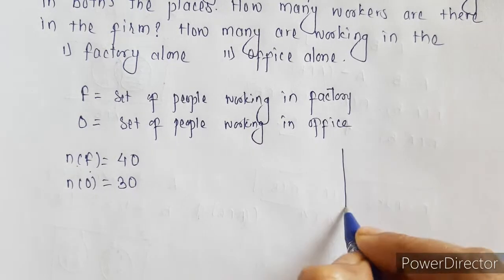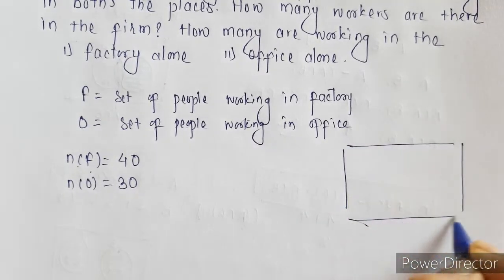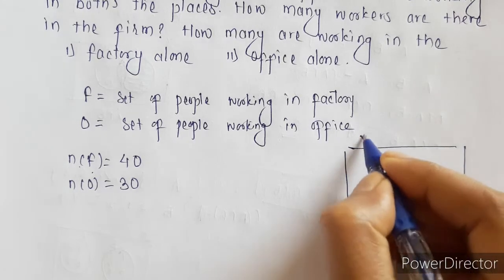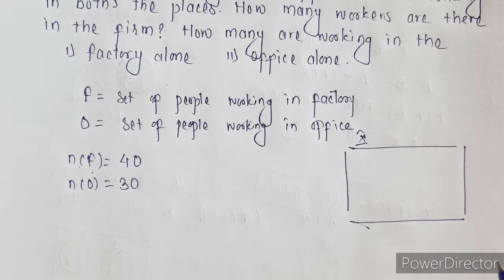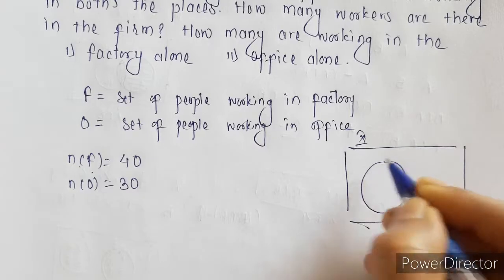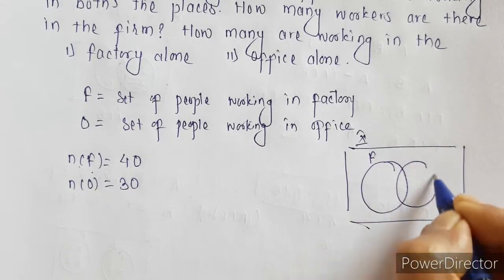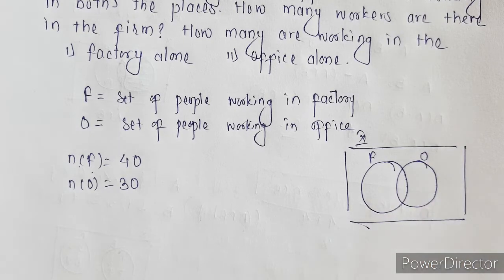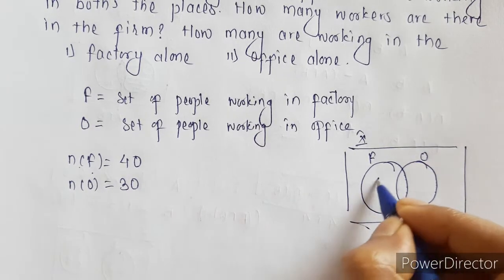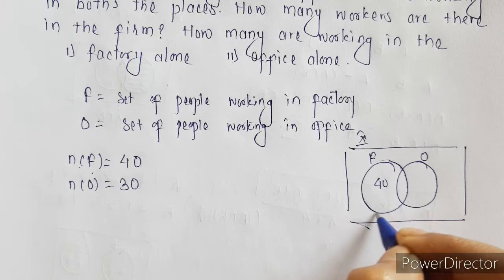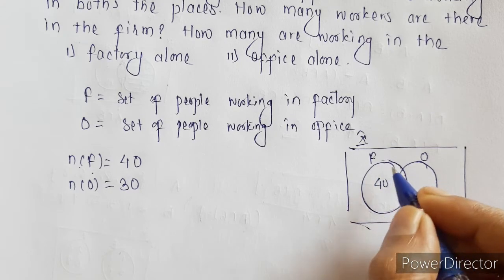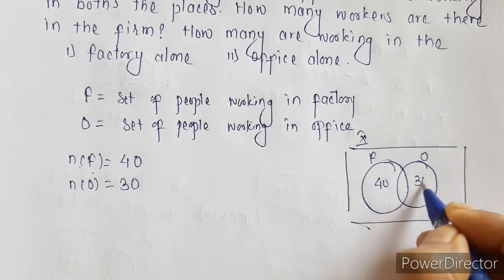Let me draw a Venn diagram here. Suppose this is your firm, so the firm is the universal set in this case. This is the set of people working in factory, and next is the set of people working in office. There are total 40 people working in factory and 30 working in office.